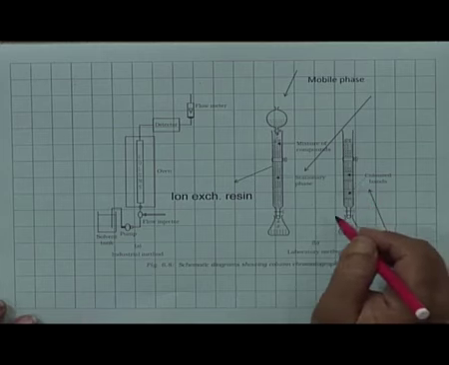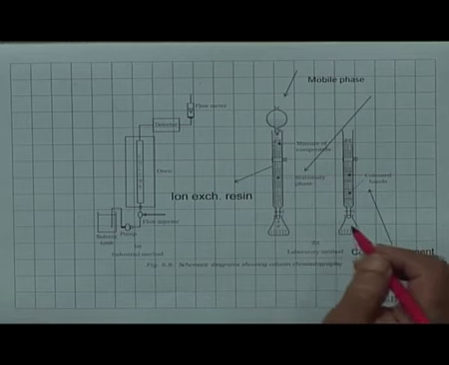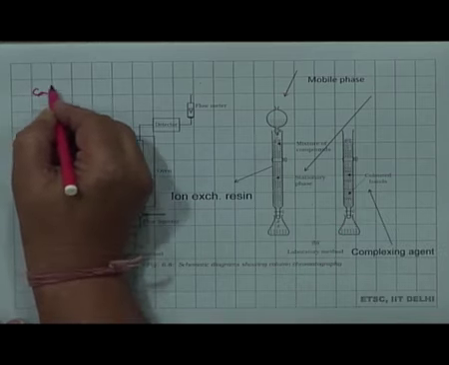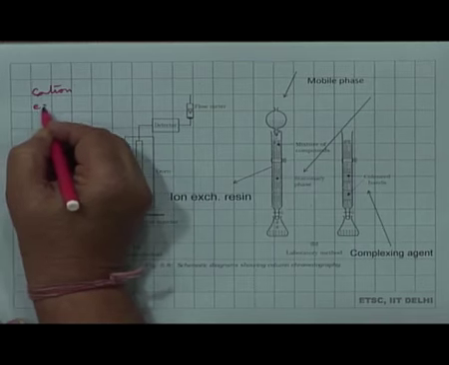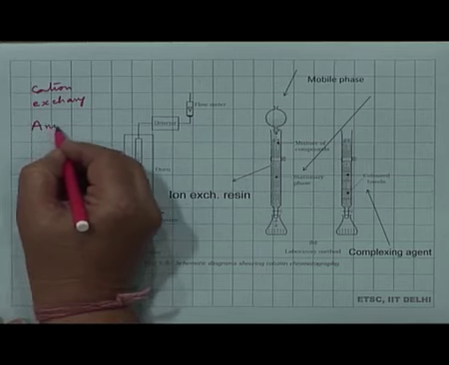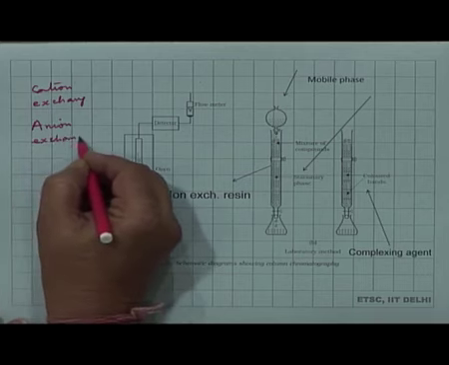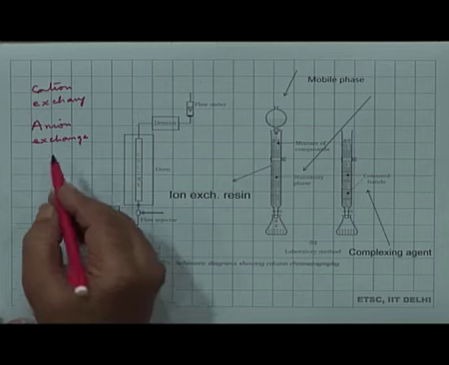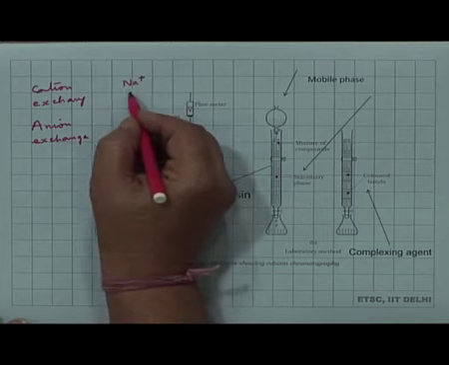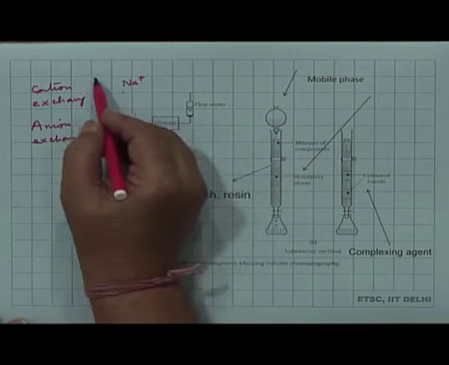Now, this column, apart from adsorbent, can be of ion exchange. Ion exchangers are of two types: cation exchange or anion exchange. Cation exchangers have sodium ions and a matrix which is negatively charged.